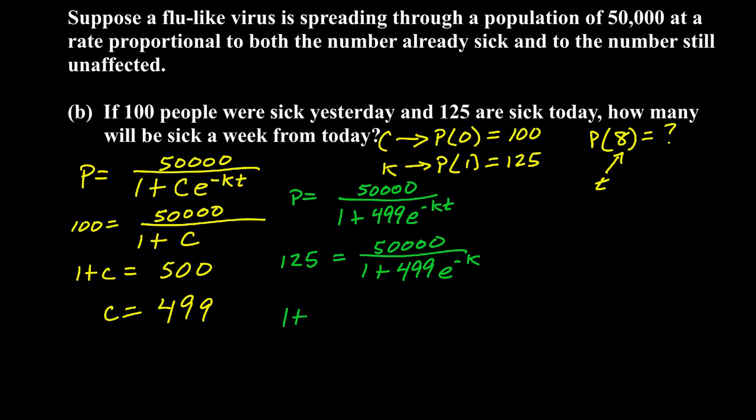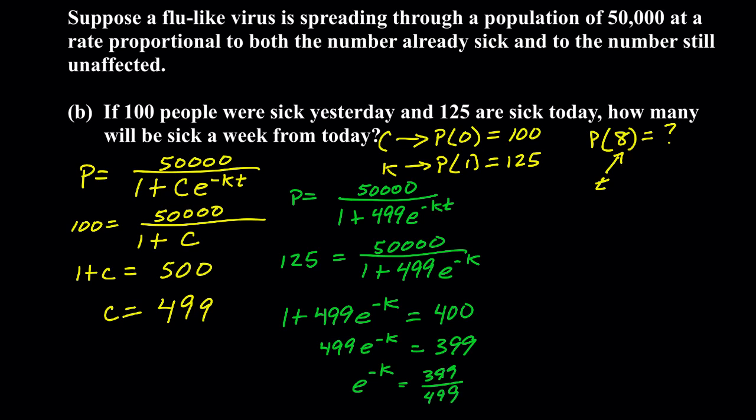All right, so solving, you get 1 plus 499 e to the negative k is equal to 50,000 divided by 125, which is 400. So we got 499 e to the negative k equals 399. e to the negative k is 399 over 499, giving us k is equal to negative natural log 399 over 499.